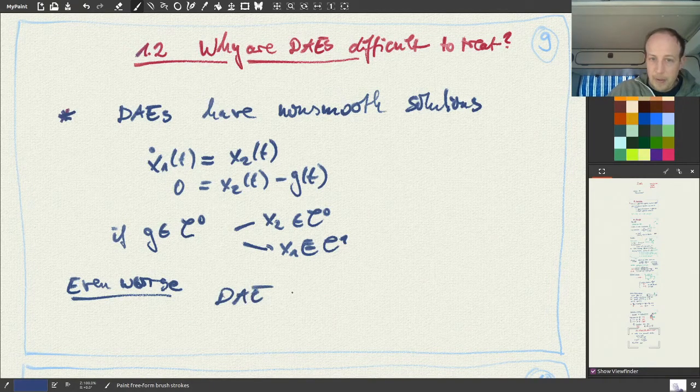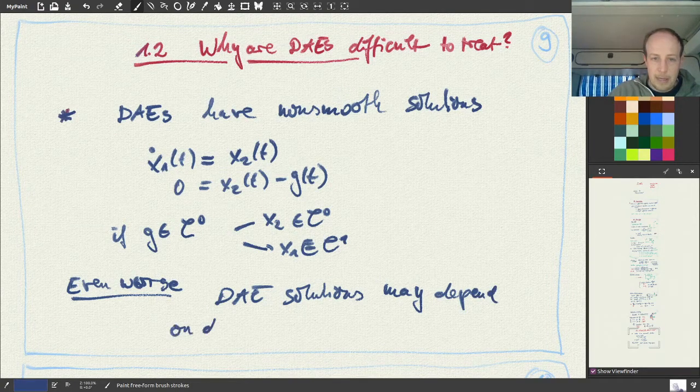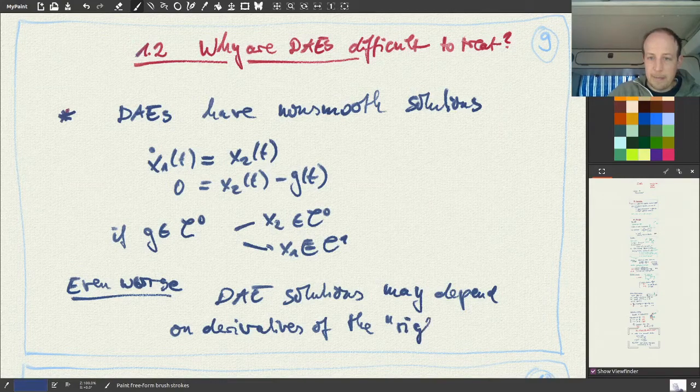Even worse, DAE solutions may depend on derivatives of the right hand side.